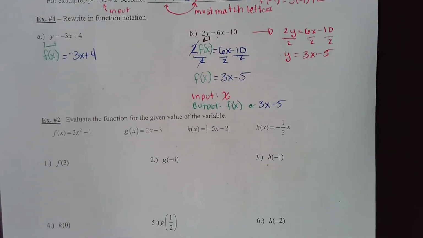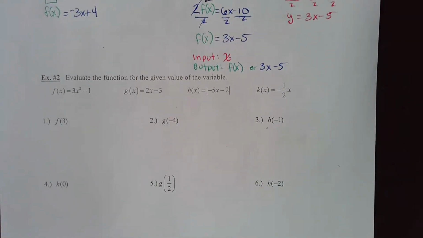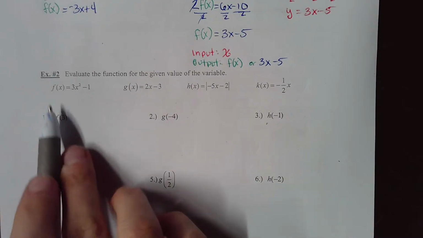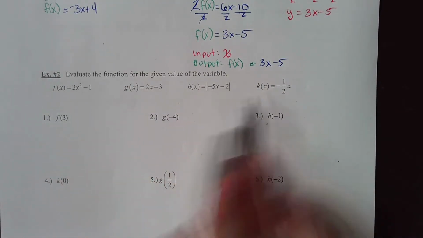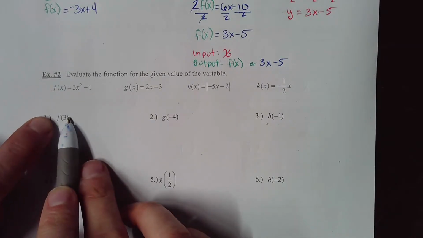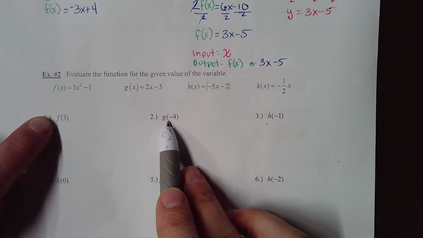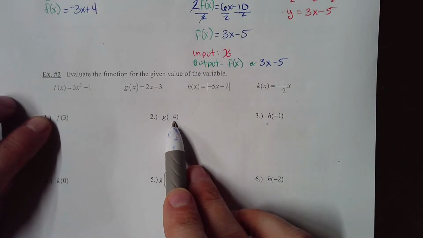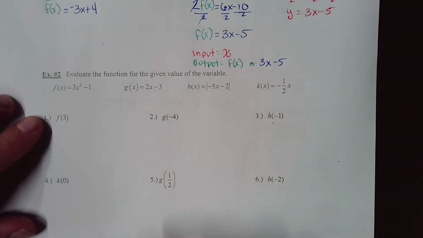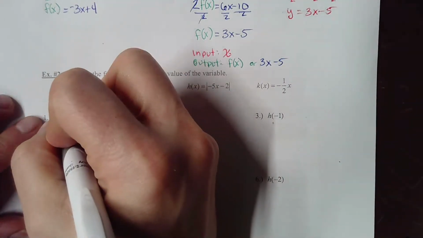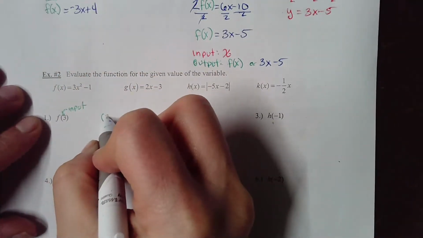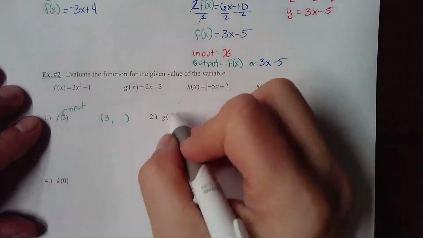Function notation given a value of a variable. In function notation, if I'm just given a variable, using function notation allows me to say very simply, take function f, plug in 3 for x. Take function g, plug in -4 for x. Take function h, plug -1 in for the input. So that tells me this 3 is an input, which gives me the coordinate 3 comma something.